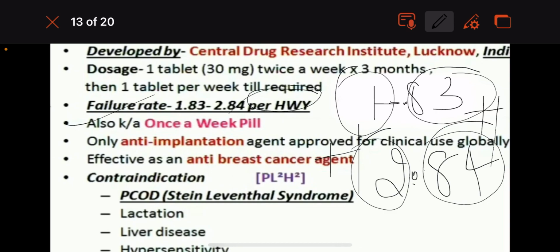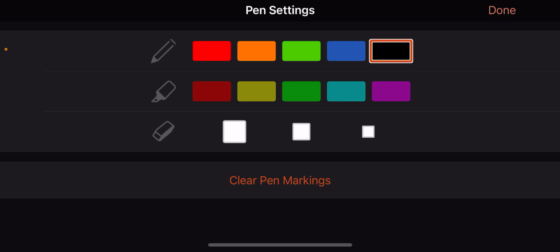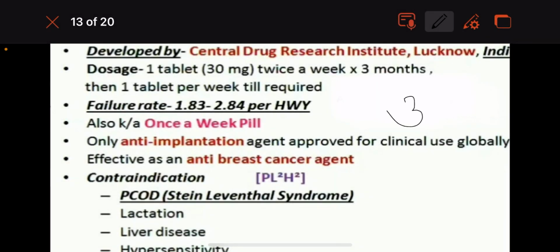Also, it is known as once a week pill, since just for the period of 3 months it is taken 2 pills per week. Later on, just one pill is taken for a week, so it is popularly known as once a week pill or Saheli.